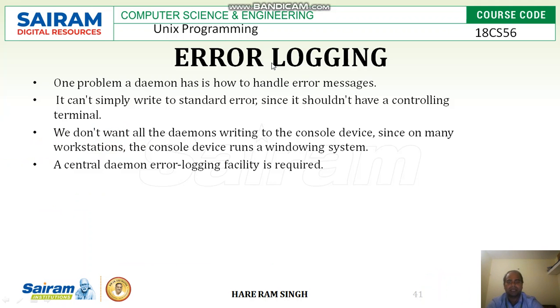What we can discuss is, as we know, a daemon process always runs in the background and doesn't have any controlling terminal, so it will neither be displayed on the console, nor in any output terminal, nor in any input terminal, nor will it be in an error logging file or any error file.